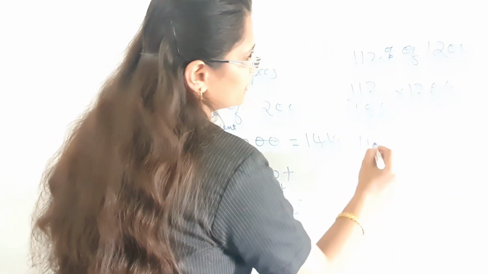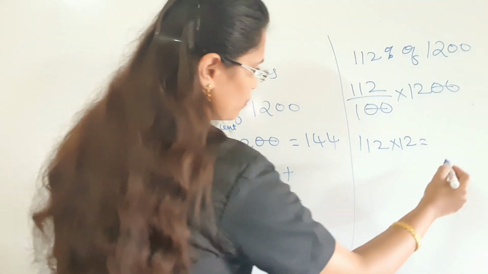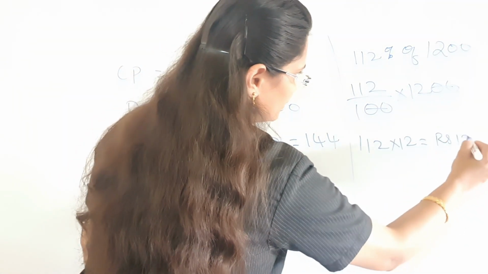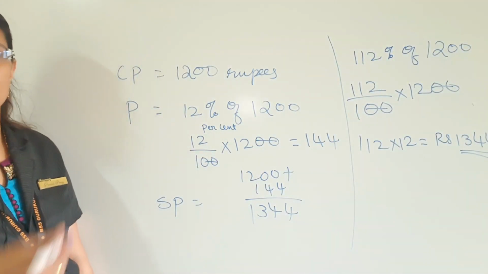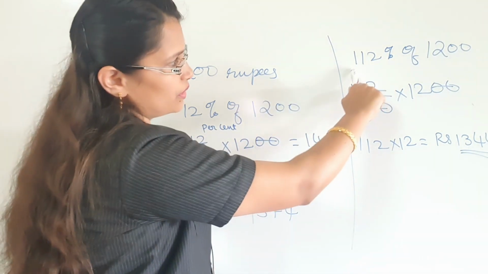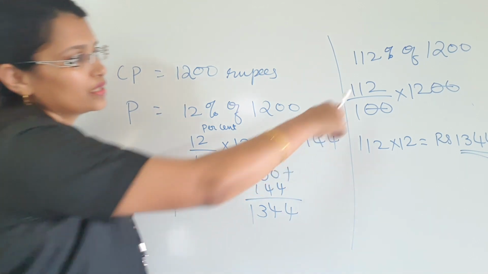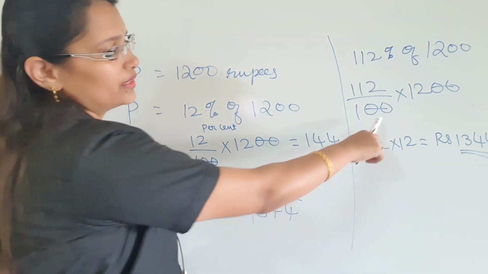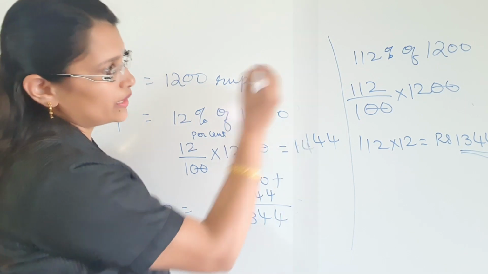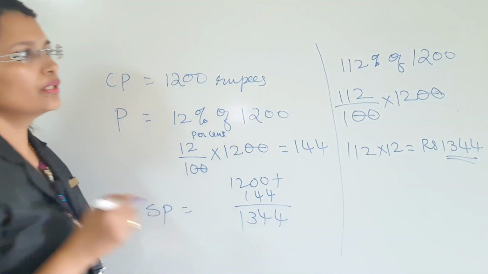Then 112 into 12 is equal to how much you will get? 1344. This way also you can do. Just add the profit to 100. So 112% of cost price. Either do like this or this way. This is the easiest way. You can do directly like this, 112% of 1200.